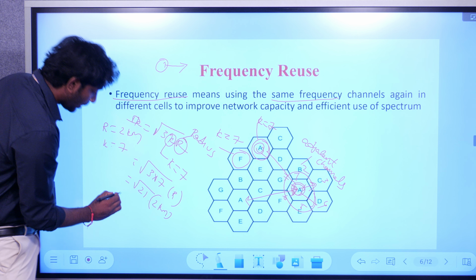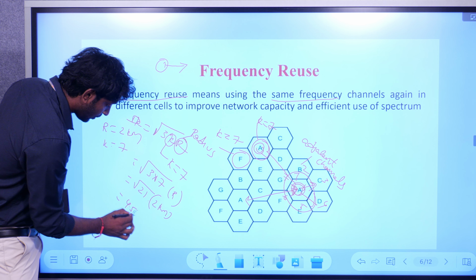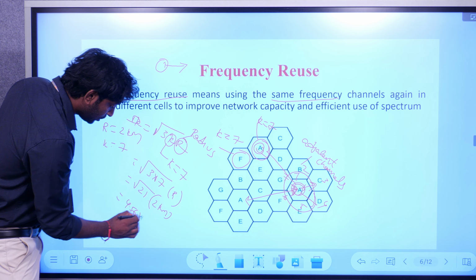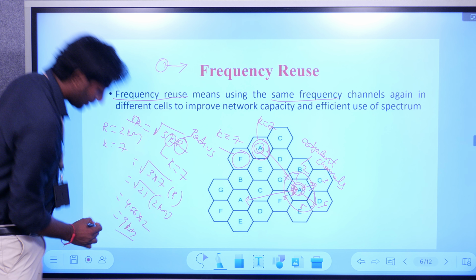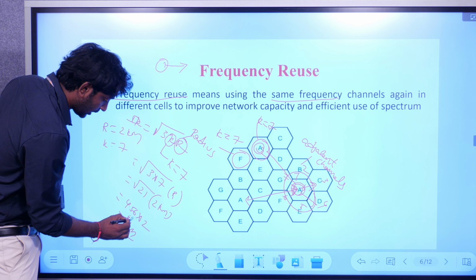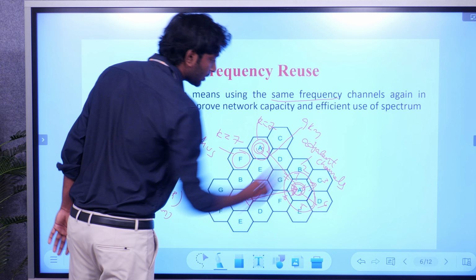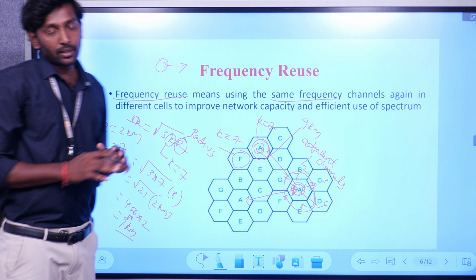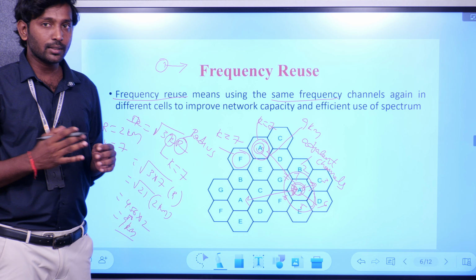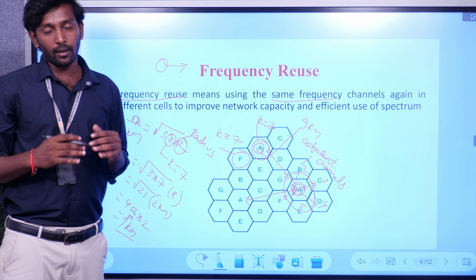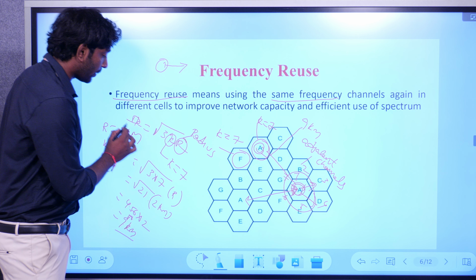Square root of 21 is approximately 4.58, into 2, approximately 9 kilometers. So this A and this A should be placed about 9 kilometers apart. If the distance is not maintained, the co-channels will interfere. Interference will be generated. That is why the distance is found approximately by using this formula.